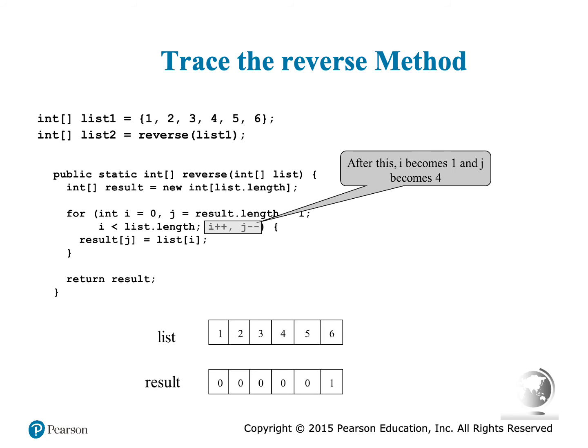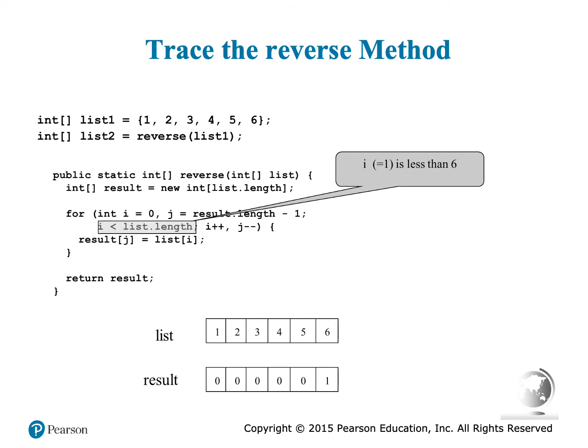I gets incremented and J gets decremented, so I equals 1 and J equals 4. The loop continuation condition evaluates to true, and the loop continues.